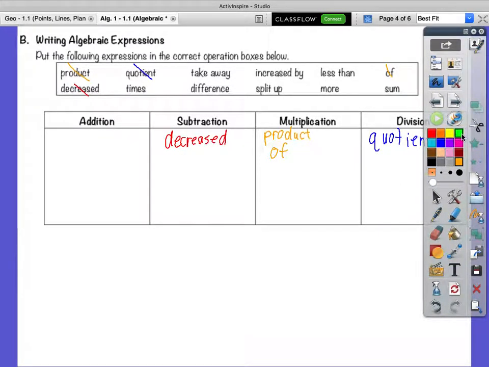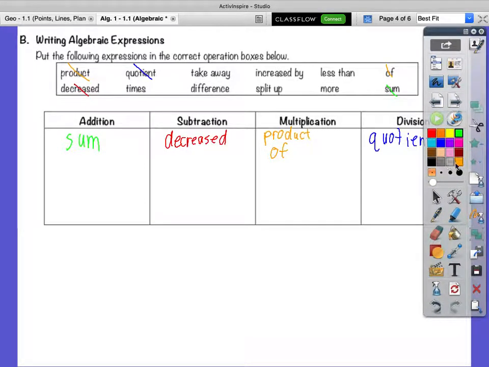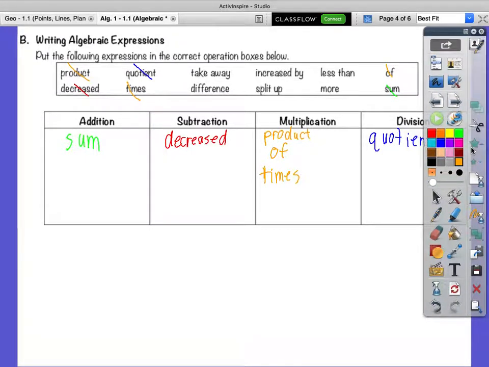Very good. Okay. Dylan? Yep, times would be multiplication there. Victoria? Split up is division. Split up into so many groups.